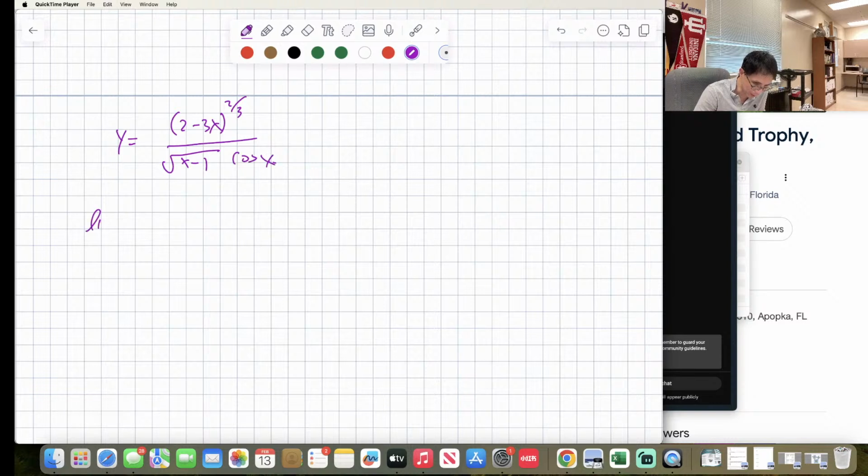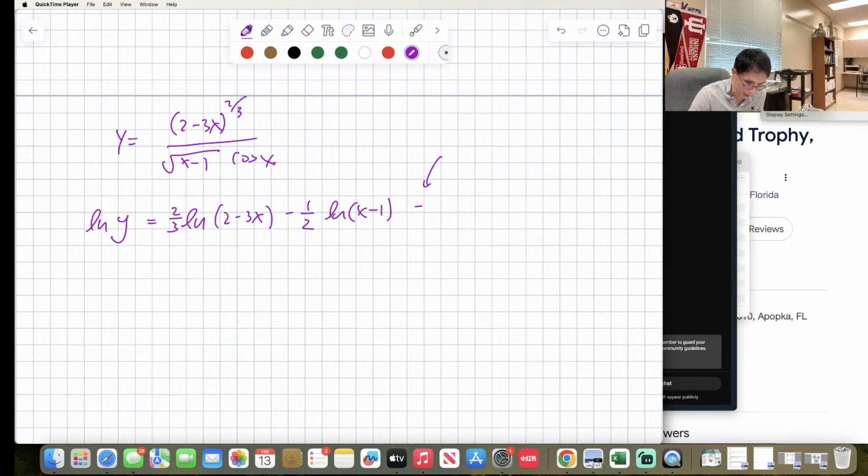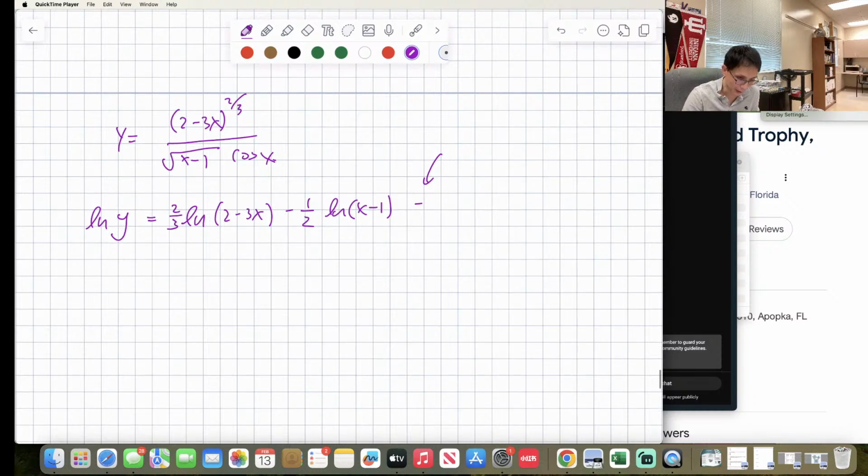So the first step they should have is the natural log of y, and they should have the natural log of those things. They will end up with 2/3 ln of 2 - 3x, I just shorthanded, minus half ln of x minus 1 minus ln of cosine of x. This sign has to be minus in order to get it correct. So that should give you 1 check mark.